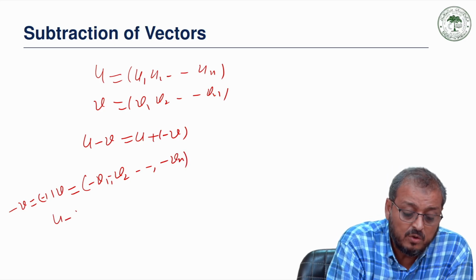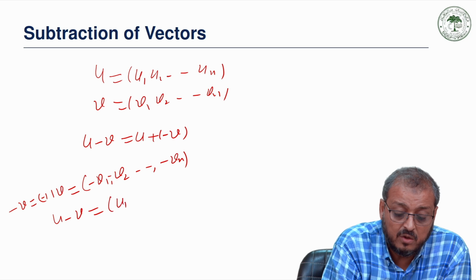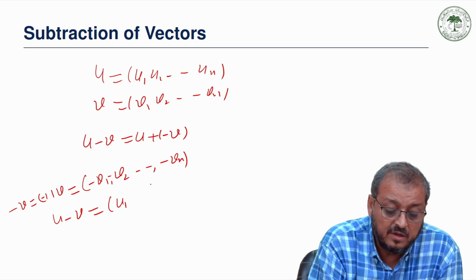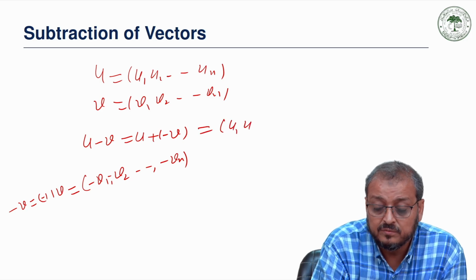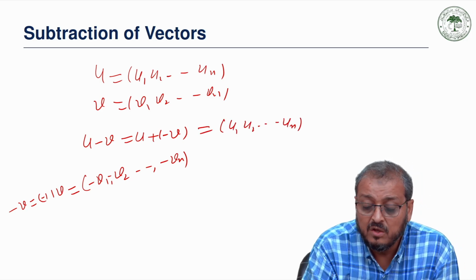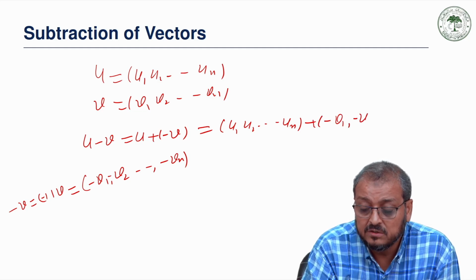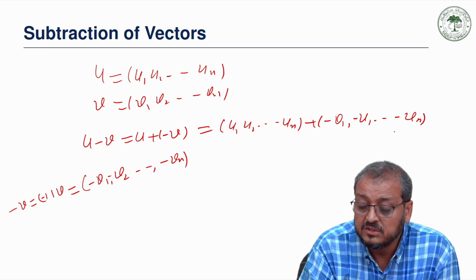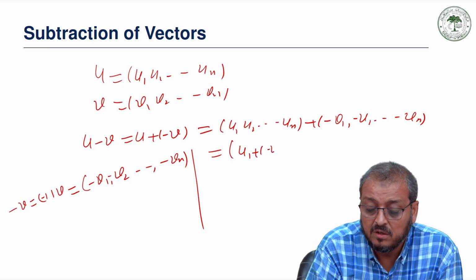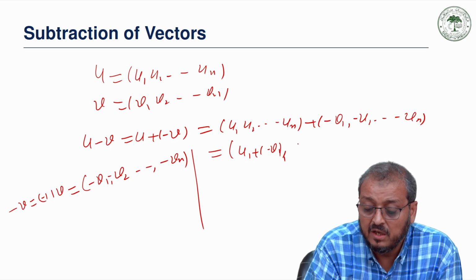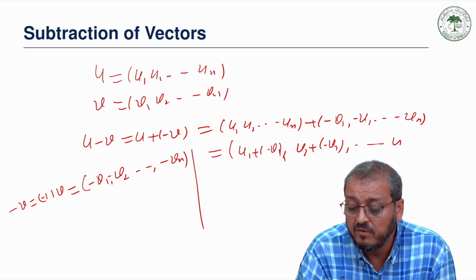Then u minus v is equal to u1, u2 up to un, plus minus v1, minus v2, and so on, minus vn. This can be written as u1 plus minus v1, then u2 plus minus v2, and un plus minus vn.